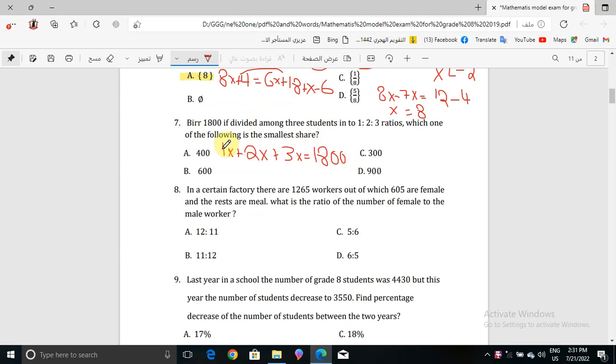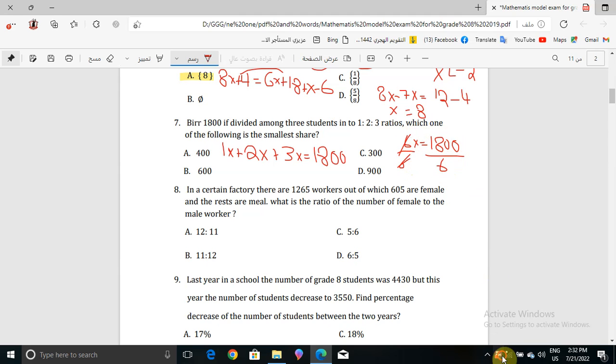Then after adding 1 plus 2 plus 3, we get 6x, which is equal to 1800, right? Then divide both sides by 6 to find the value of x.